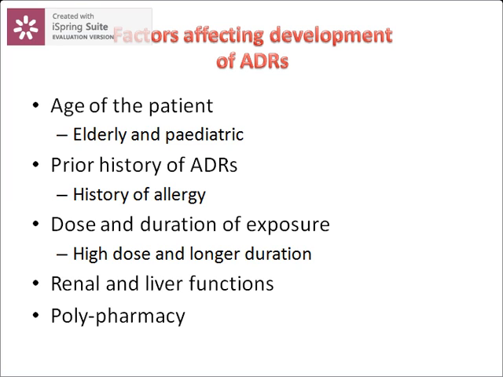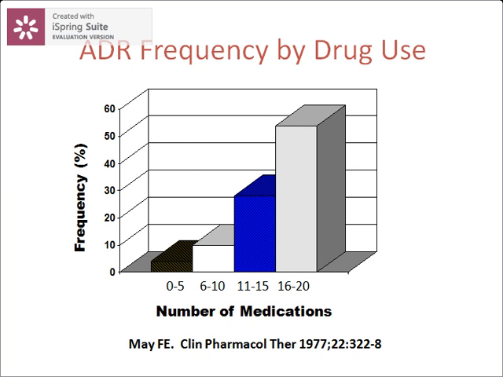Higher doses and longer duration of exposure to drugs increase the chances of adverse drug reactions. Then altered renal function decreases the clearance of drugs and increases the chances of adverse drug reactions. And lastly, polypharmacy is also an important factor, which increases the possibility of drug-drug interactions and adverse drug reactions.